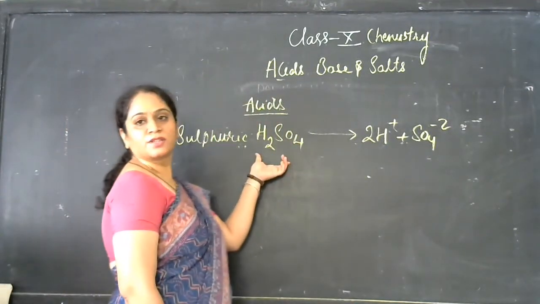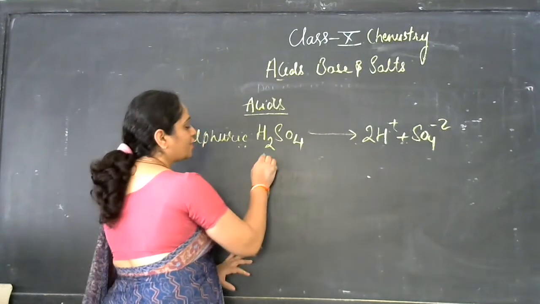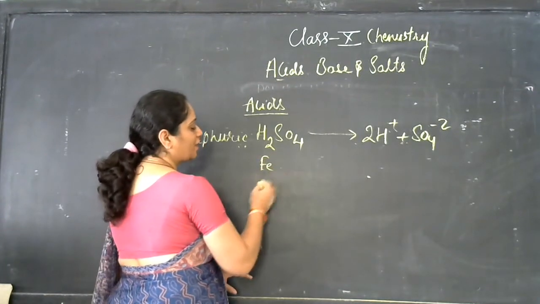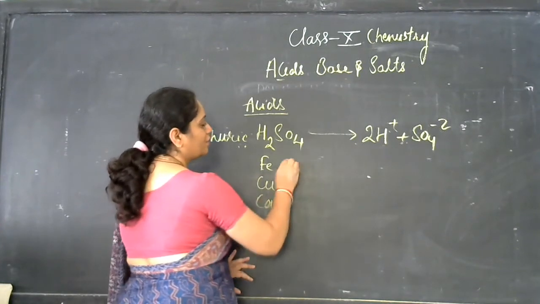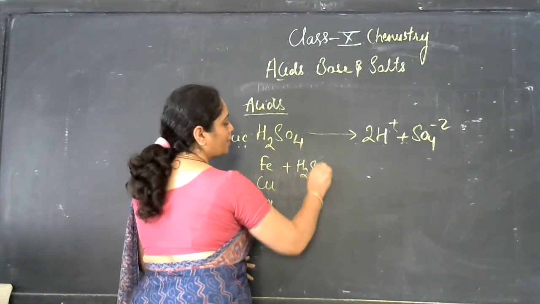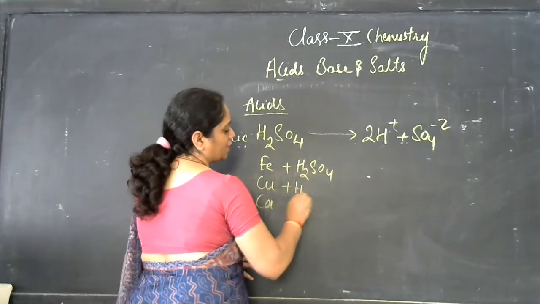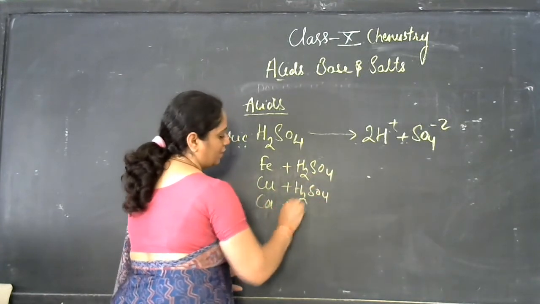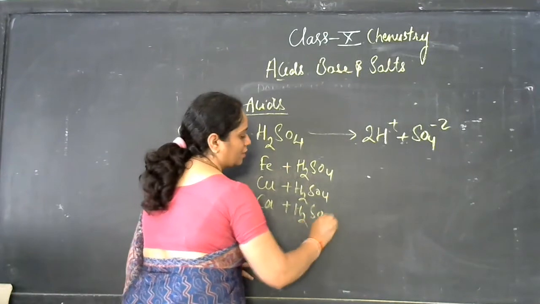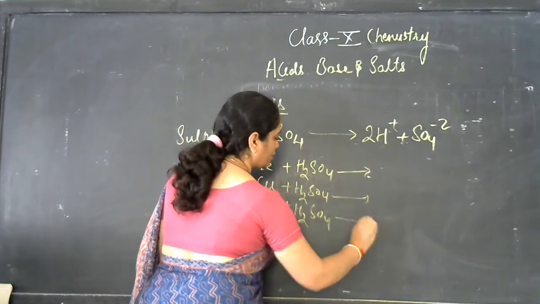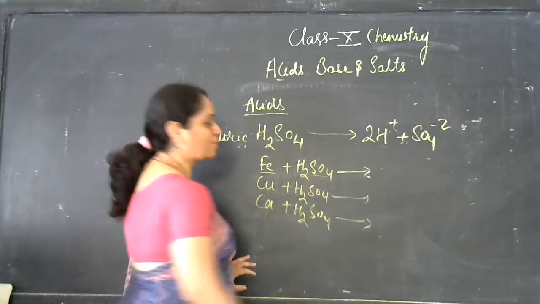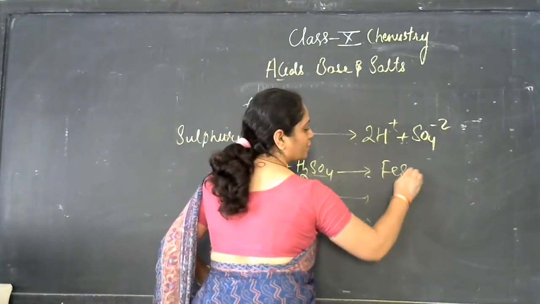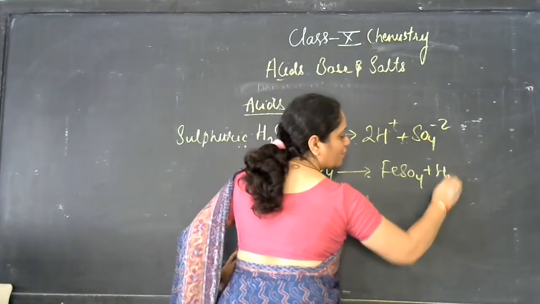Suppose I take sulfuric acid. When sulfuric acid reacts with any metal, I can take iron metal, copper metal, or calcium metal. When I react iron with sulfuric acid, it gets converted into ferrous sulfate, FeSO4, and releases hydrogen gas.